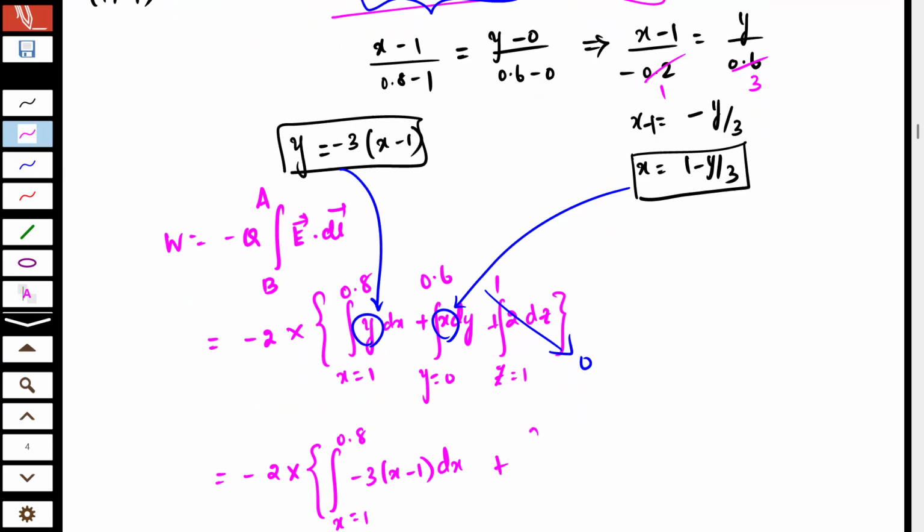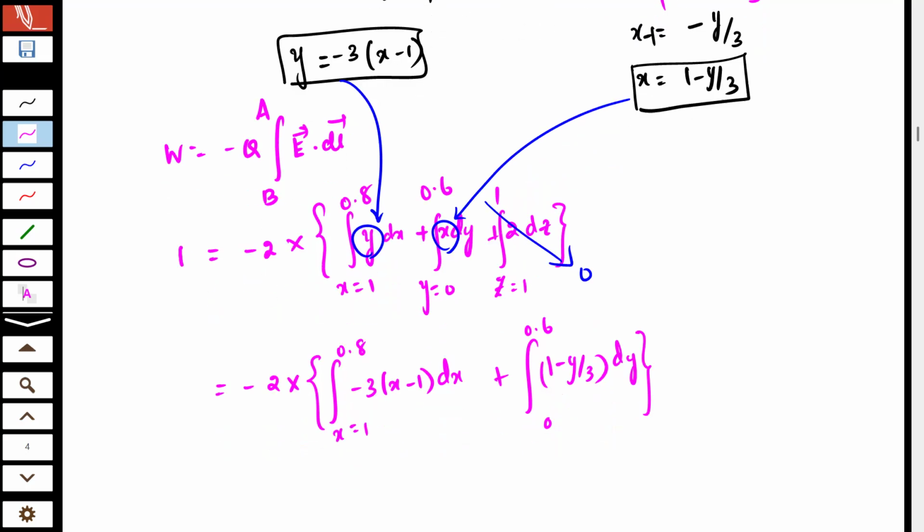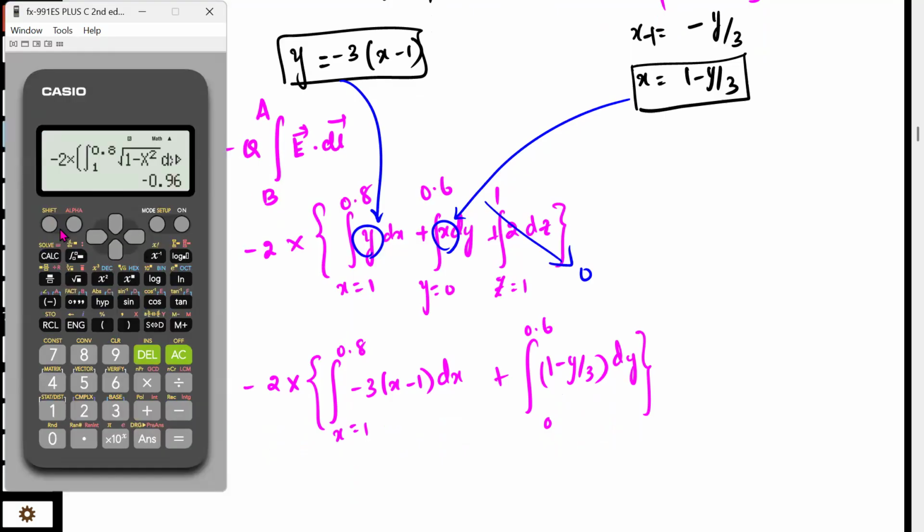The second term is going to be 1 minus y by 3 dy, 0 to 0.6. So let me take the calculator in this case and type this integral expression and try to get the same answer. We'll verify whether we are getting the same answer.